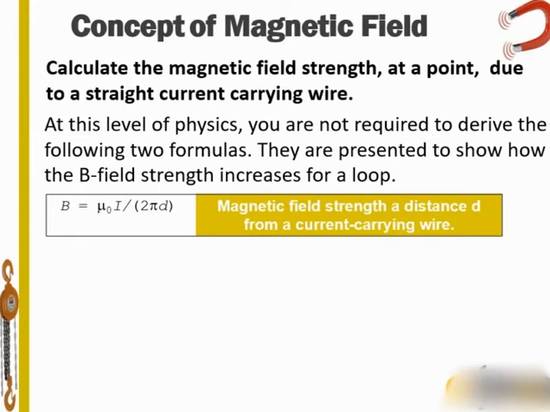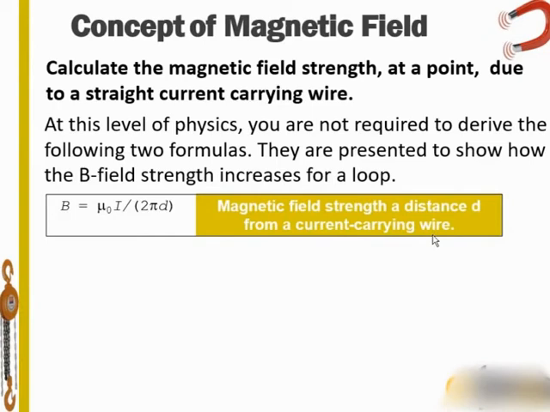Now, the first equation is the one which is given to you here on the screen, and you can see that this equation tells you that the magnetic field strength, B, is equal to mu, which is this funny looking symbol here, multiplied by the current, I, and that's all divided by 2 pi d. And d is the distance from the current carrying wire.